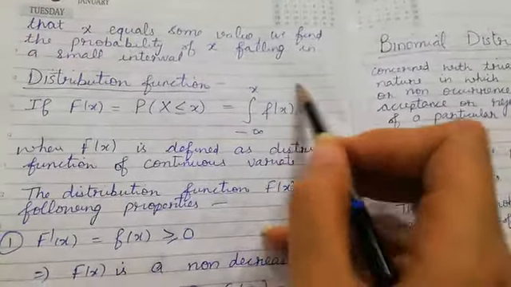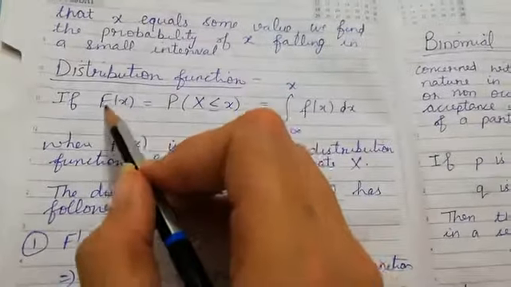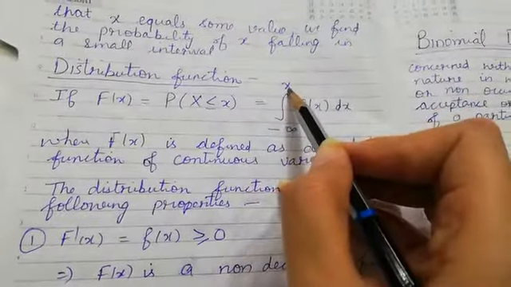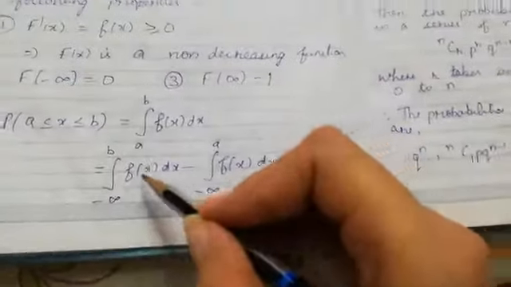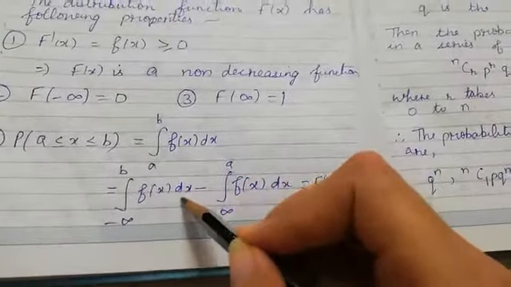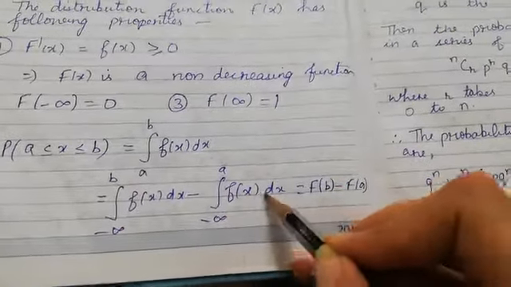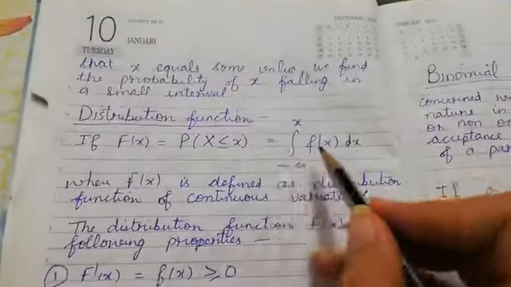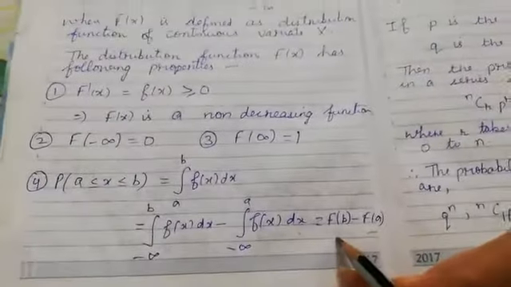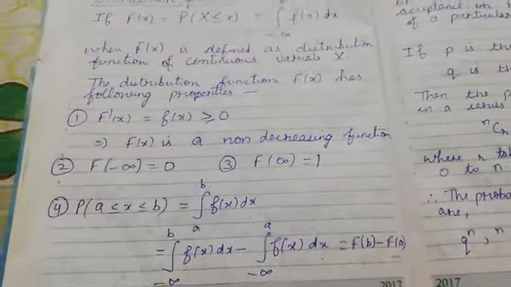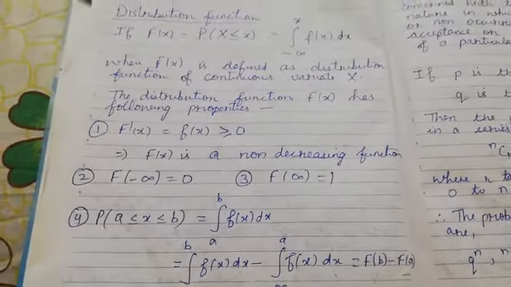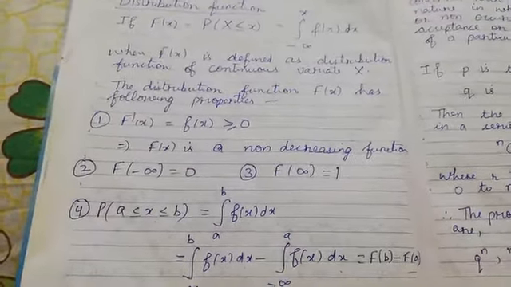Its left hand side is F of x, where x is the upper limit. So here the integration from minus infinity to b of f of x dx will be F of b, and the integration from minus infinity to a of f of x dx will be F of a. So using this distribution function, we have written this value. Okay. So this was all about the properties of the continuous probability distribution.